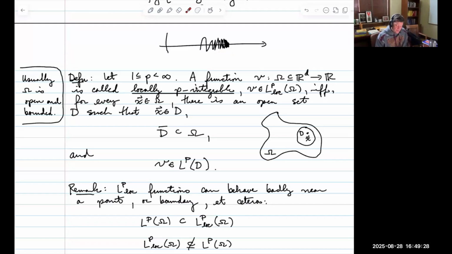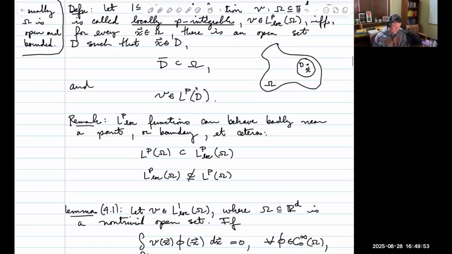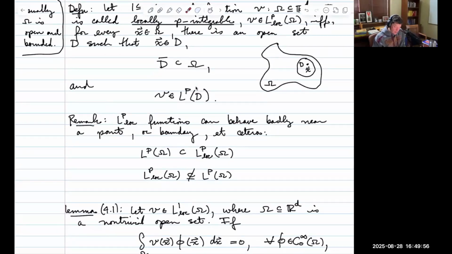So that function, if I take it as a whole globally, it might not be an L^p function. However, if I look at it at any single point and zoom in, then it's a nice smooth enough function. So these functions are kind of nice locally, as long as you're willing to zoom in enough, but they might get arbitrarily bad near points, especially boundary points. And that's my little remark here. They can behave kind of arbitrarily badly near a point.